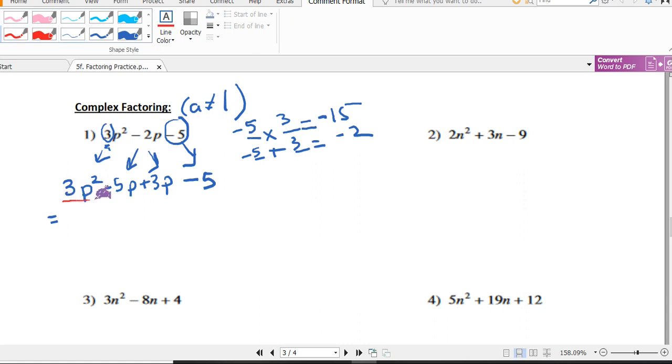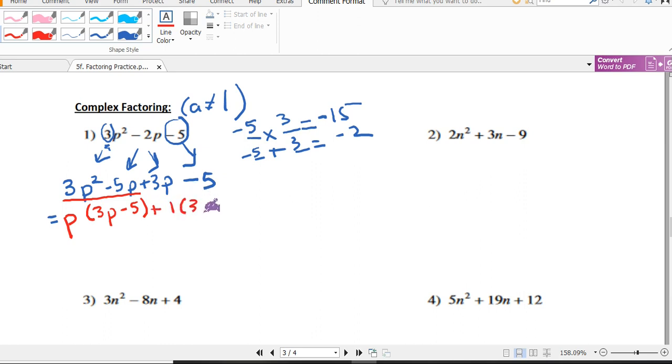If I look at these two terms, what's common in both of those? Looks like just a p, really. If I factor out a p, I'm left with 3p minus 5. And over here, can I factor anything out? Nope. So I'm just going to factor out a 1.